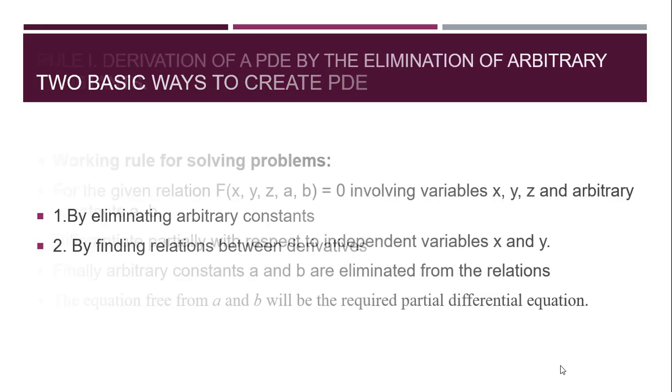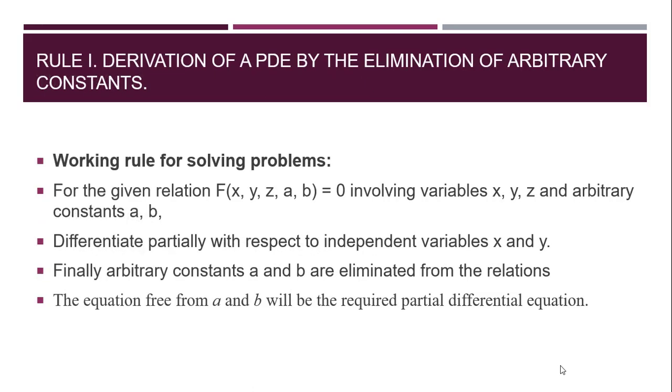This is the first rule: if we have a relation f(x, y, z, a, b) that involves the variables x, y, z, and here a, b are arbitrary constants, and I want to create a partial differential equation, first I have to differentiate partially with respect to the independent variables x and y, and finally we have to eliminate the constants appearing in this relation.